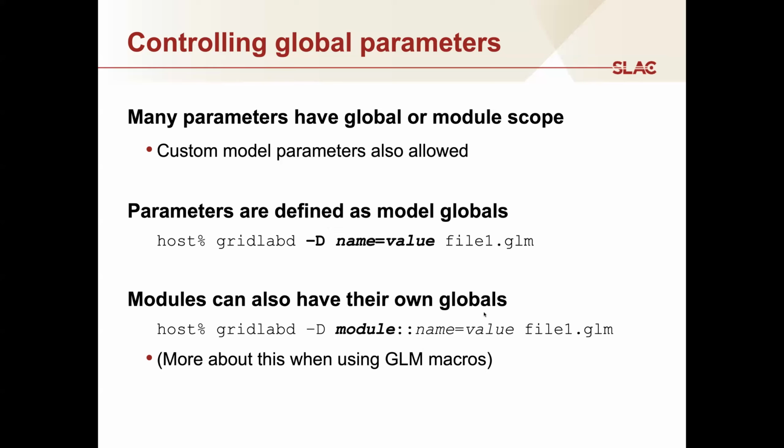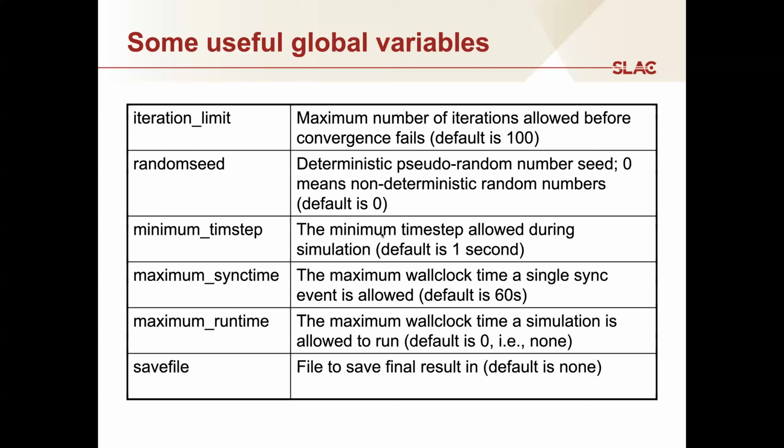We'll talk a lot more about globals and module globals and so on when we get into the GLM language itself, but that's a few sessions away. There's a lot of stuff to talk about, but this is the command line level control over those. So here are some examples of globals that are useful.